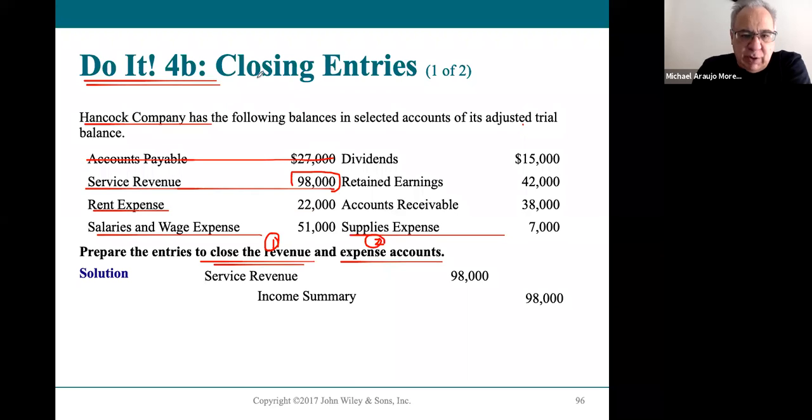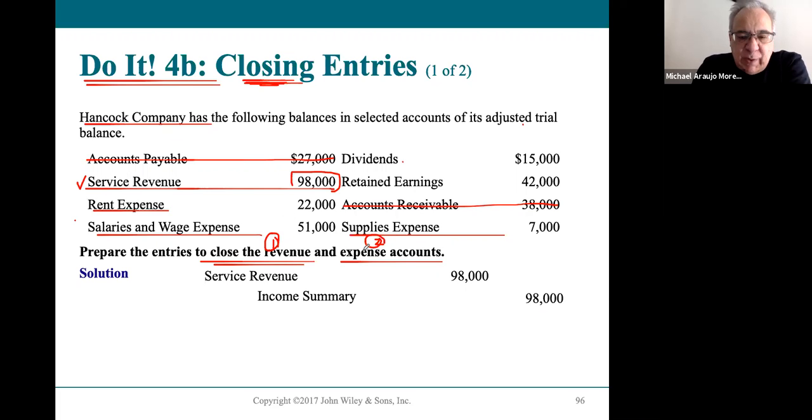It doesn't go through the closing process. It's a permanent account, so we can ignore it. The same thing here. Accounts receivable is an asset account. Asset accounts don't go through a closing process. That's a permanent account. The only things that go through the closing process are the temporary accounts: revenue, expenses, and dividends to come soon.